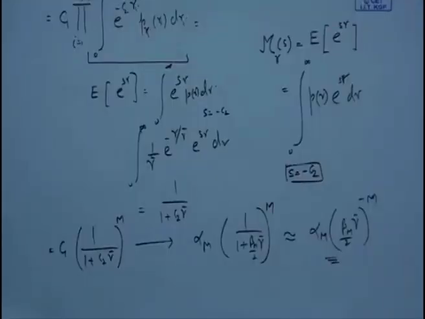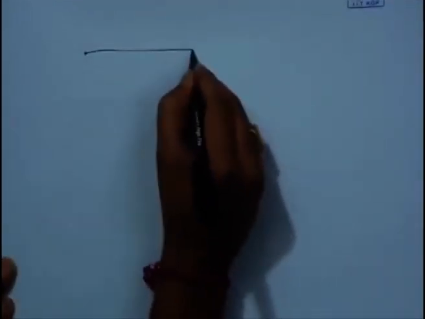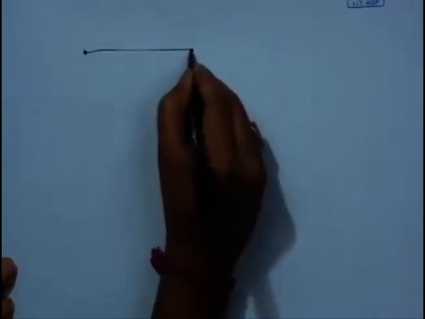With this, we'd quickly take a look at the general order of diversity, or general way of doing diversity. If we try to analyze a typical diversity system, we will say that there are M number of links between a transmitter and a receiver.